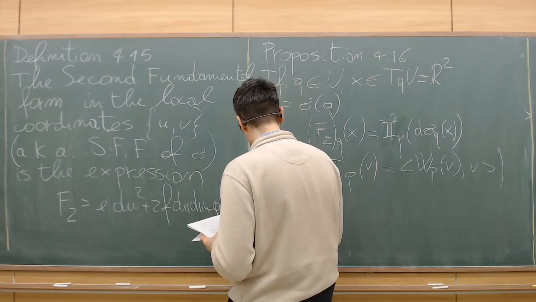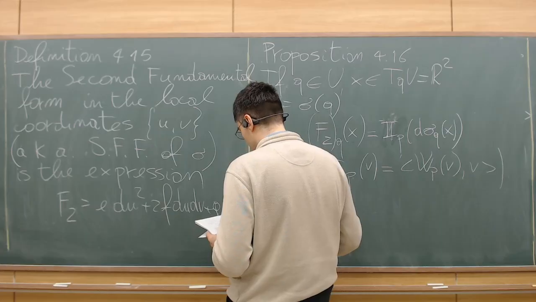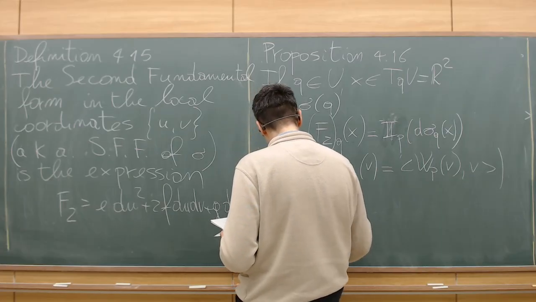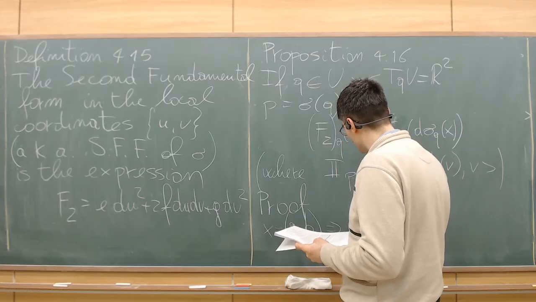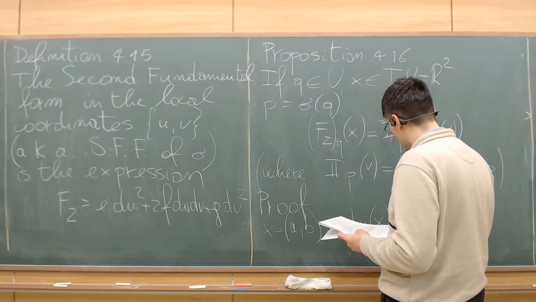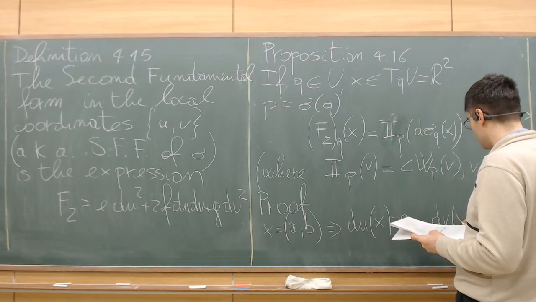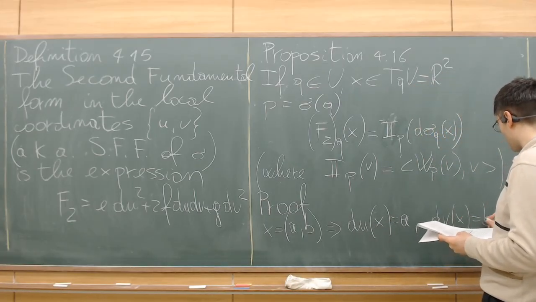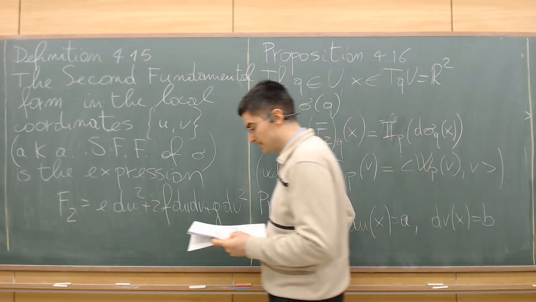So suppose that X is a vector of components A, B, then this implies that du of X is equal to A and dv of X is equal to B. This is something we already used, so I think I can skip the proof of these two identities.